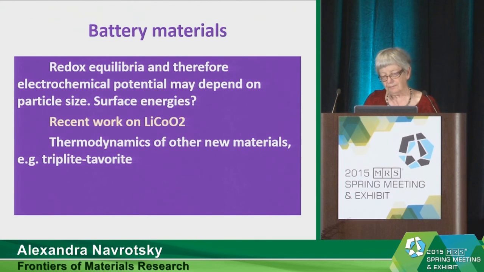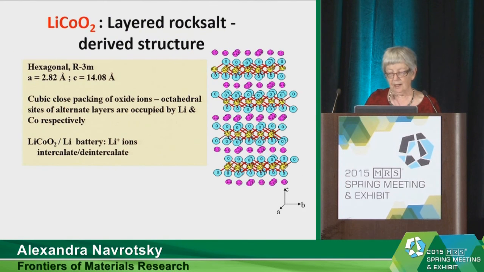Battery materials. Of course, one is interested in things like the lithium cobalt oxides, the layered rock salt structures that are right now the commercial materials, although they do have their problems. What we found, initially surprisingly perhaps, but I think it makes a good deal of sense. Here's just an example of what they look like, basically.